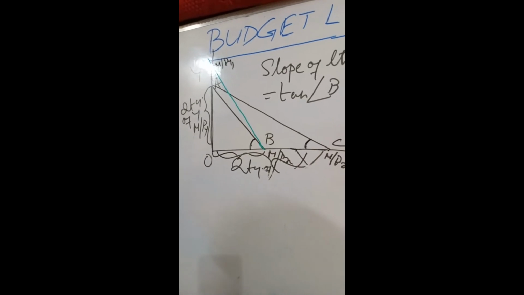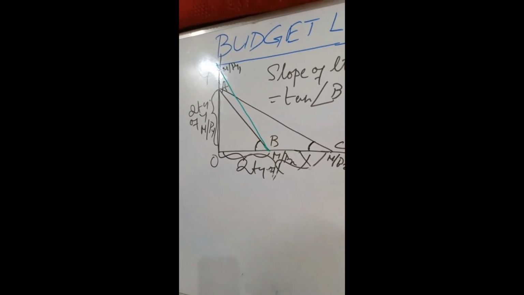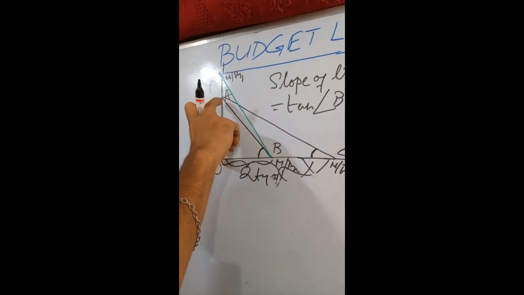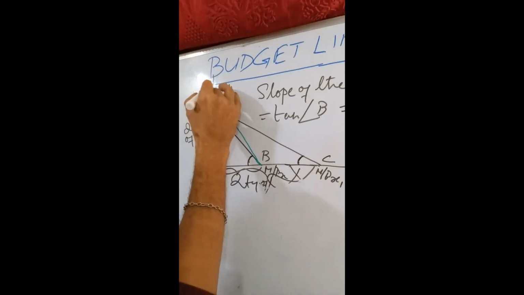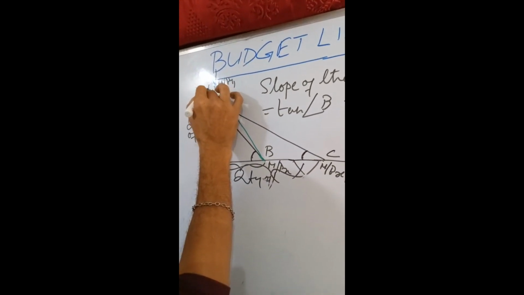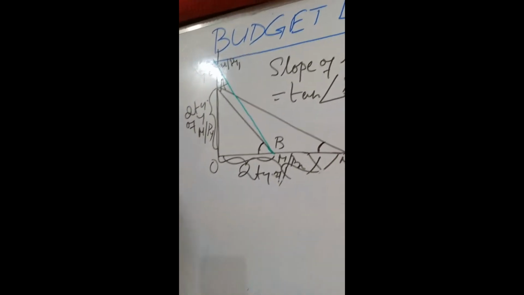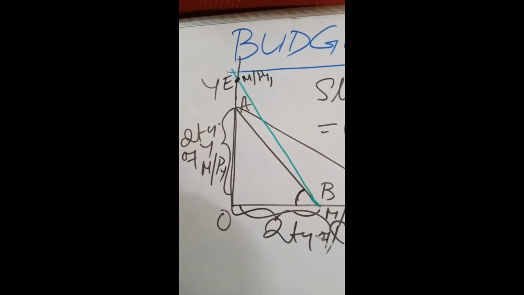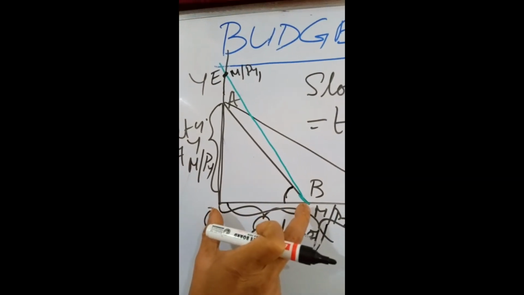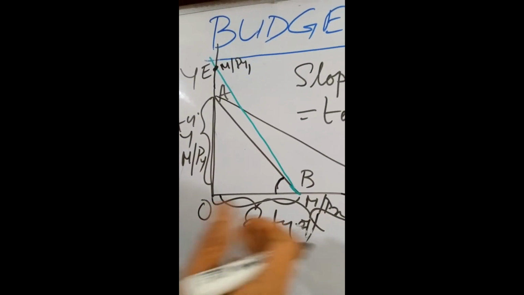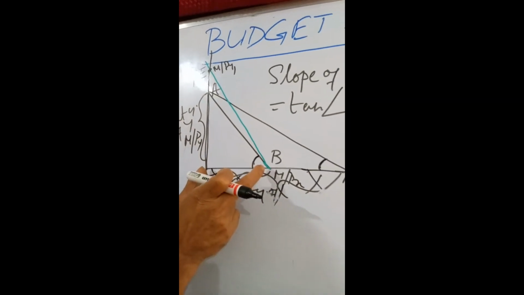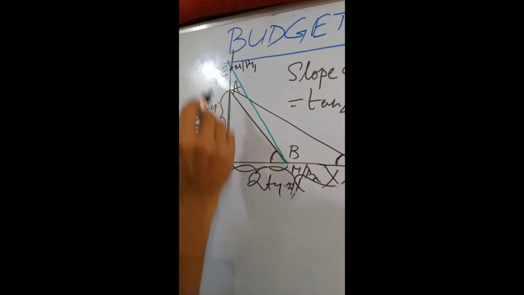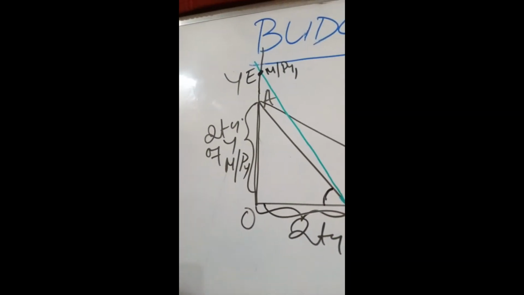Since price of Y has fallen, now the consumer is able to purchase more of Y. So OA becomes larger, say this is OE. And since price of X has not changed, the consumer will be able to purchase OB units as he was doing previously by spending all his money. So OB remains as it is and OA becomes OE. So the new budget line or new price line is now EB. Okay.